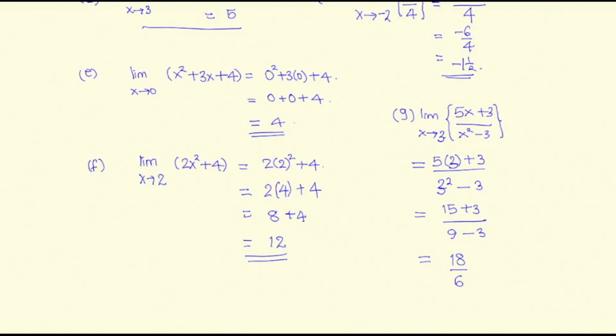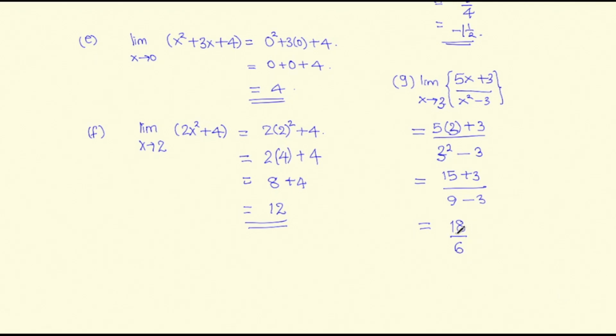If we divide 18 by 6, we get 3. Meaning, when we evaluate the limit as x tends to 3 of this function, 5x plus 3 divided by x squared minus 3, that is the solution.